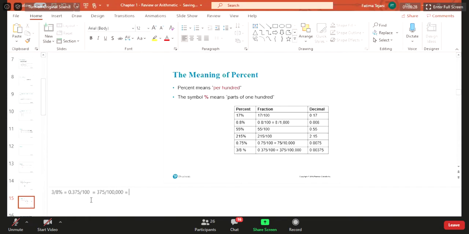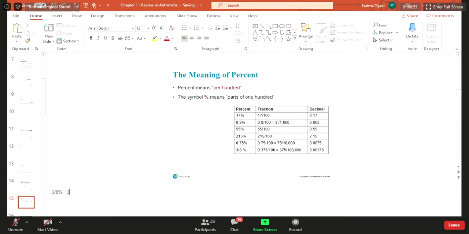Or you can also calculate 0.375 divided by 100, which is 0.00375. So your calculator will do excellent work, but you need to be aware of what exactly you have to use, whether you divide by 100 or divide by 10,000, depending upon what value you have on the top. This is just an explanation.